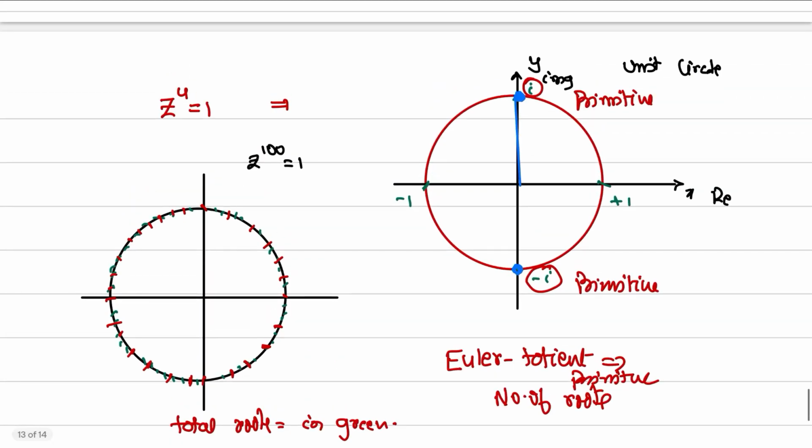All the roots of unity lie on the same unit circle. They lie on the unit circle circumference. If it is 4 roots like this, it will be one root in each quadrant. If it is 100 roots, on the same circumference 100 parts will be done.